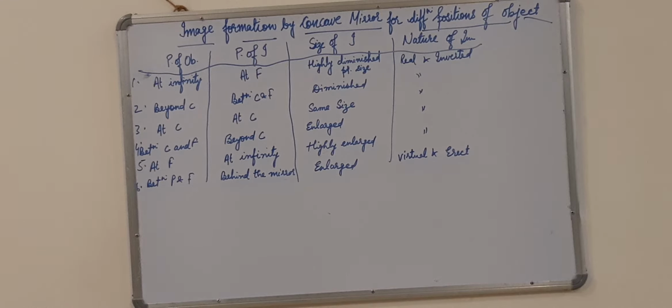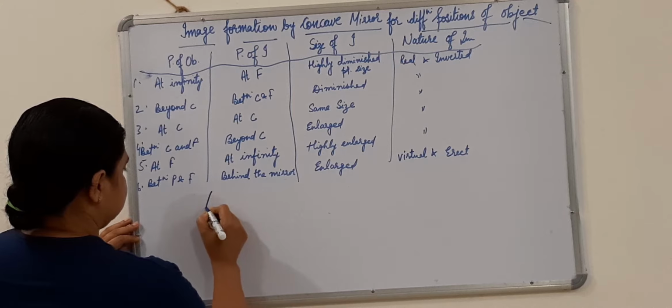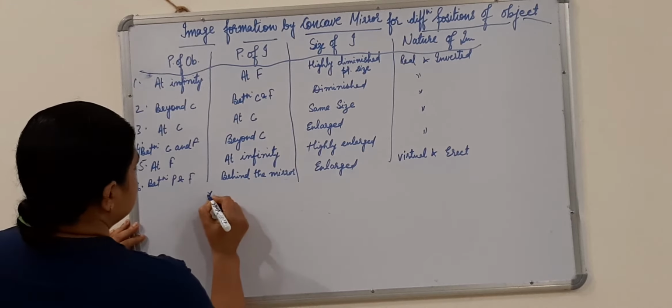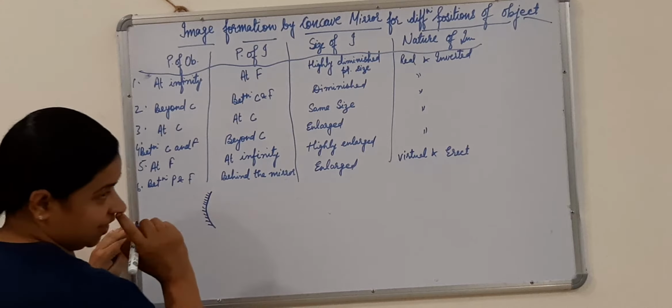When we draw the ray diagrams, we have to follow one thing. Suppose this is a position. This is a concave mirror. This is the polished surface of the concave mirror. Fine.